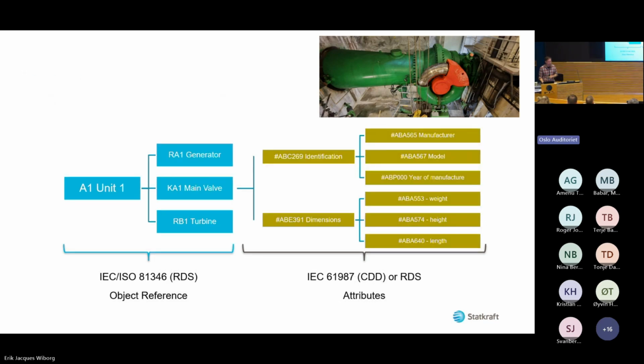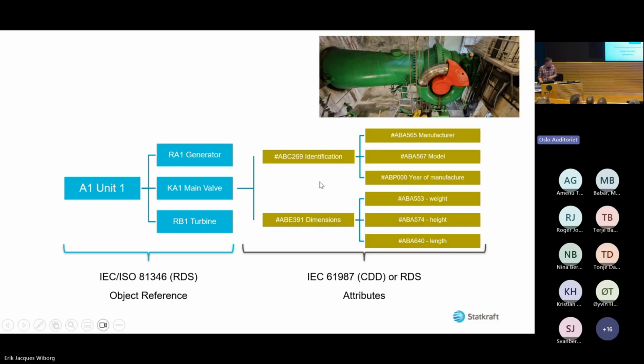Same thing for attributes. You could use the CDD, or RDS is working on part 8, which will provide an attribute or properties classification scheme, which works pretty much the same way. You'll have a letter code that will describe exactly what property you're working with.